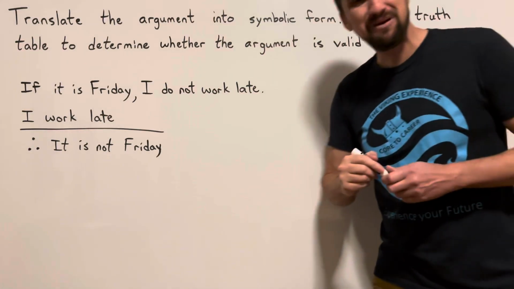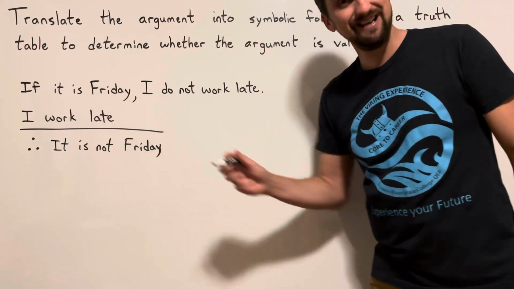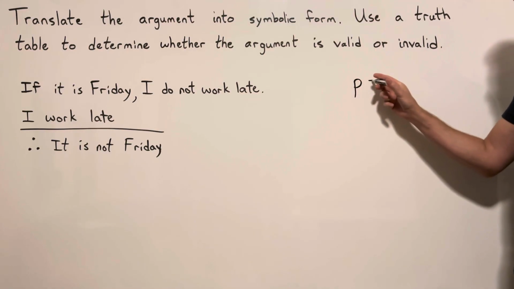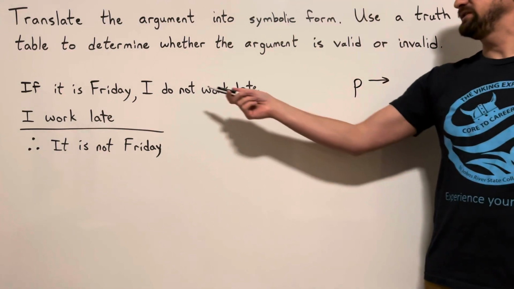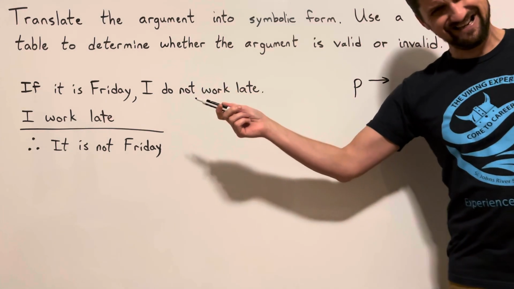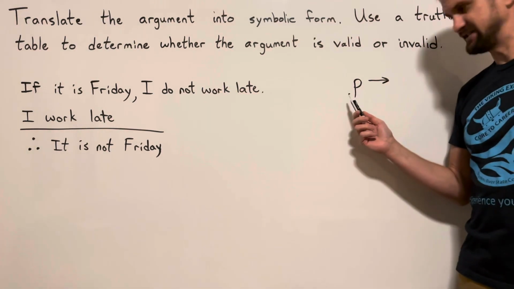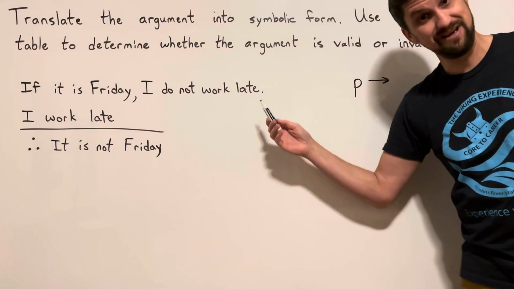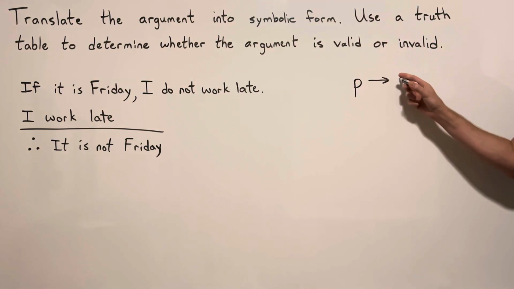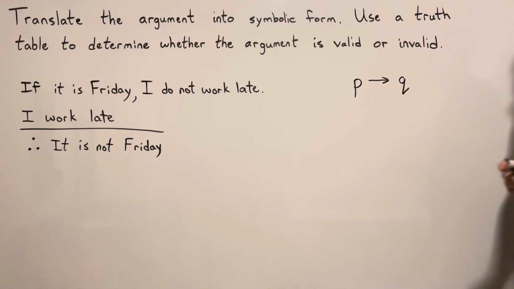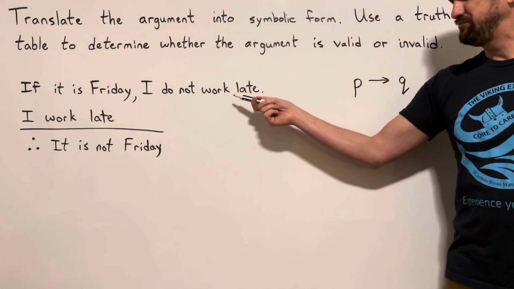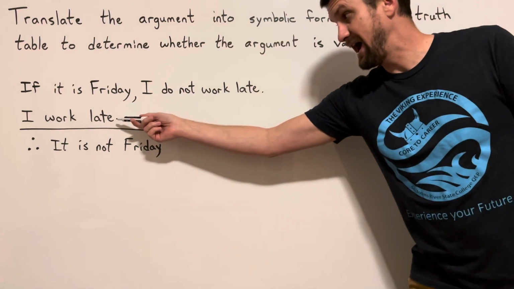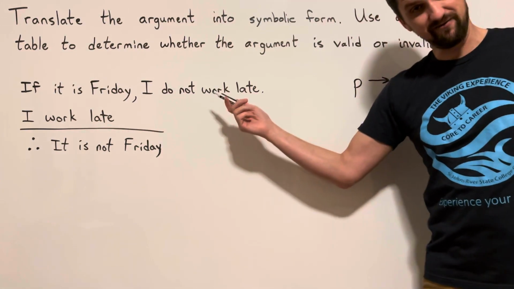I'm going to let P be it is Friday. So the top piece is a conditional statement, if-then statement. If P, then, and I'm going to let I do not work late be Q. So if I let Q be I do not work late, then I work late is the negation of that.